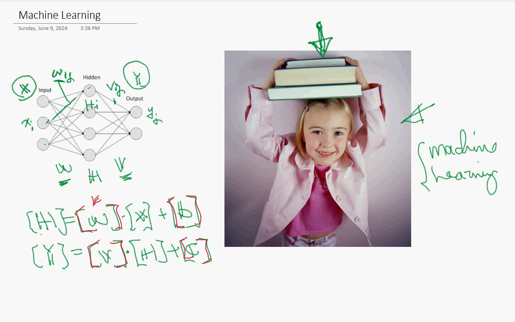So how do you determine it? So that for certain input we get the correct output. The x is input and the y is output. For example, the x is like a loan application, right?